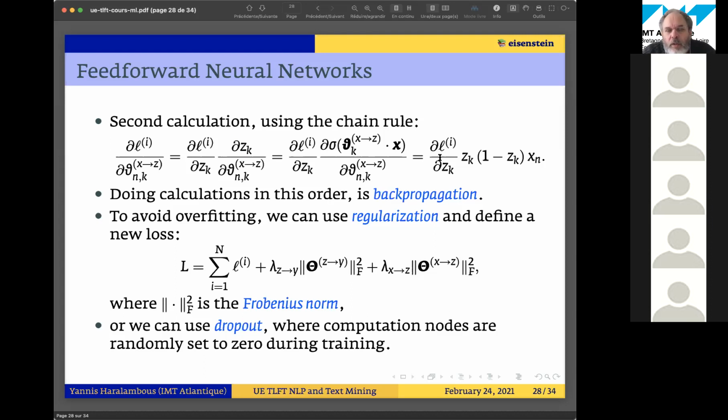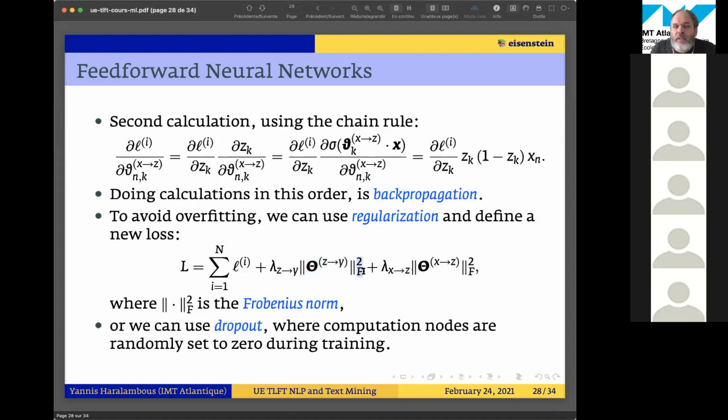Like we did already in the case of logistic regression, again, we need regularization to avoid thetas becoming too big. And therefore, we define this loss that adds components for both kinds of thetas, thetas of the second level layer, thetas of the first layer. These are matrices. What is the square norm of a matrix?